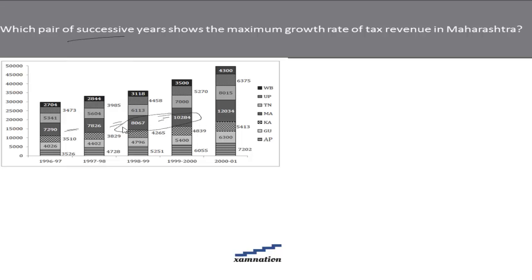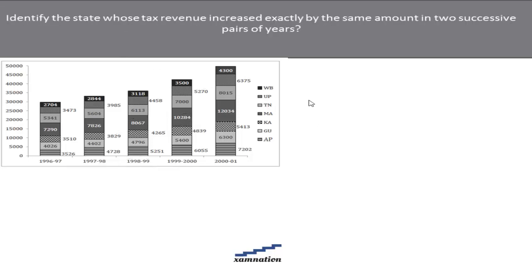Visually I can see that this difference will be the maximum, if I subtract 8067 from 10284. So between 1998 to 1999, I will have the maximum growth for tax revenue in Maharashtra.